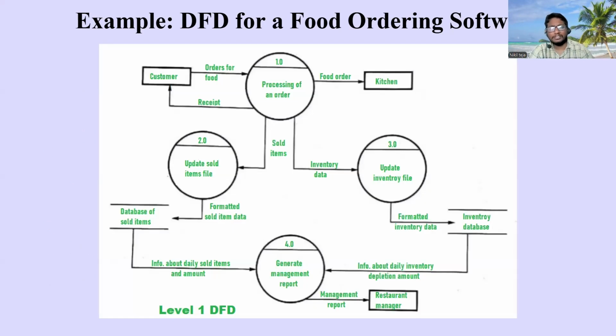Level 0 is nothing but a main system in the middle, and on the sides there will be entities. That's level 0. But level 1 will be doing the breakdown. This is a level 1 diagram, guys. As mentioned here down, it is a level 1 DFD. It will be processing the arrows, that is nothing but the data flows and all.